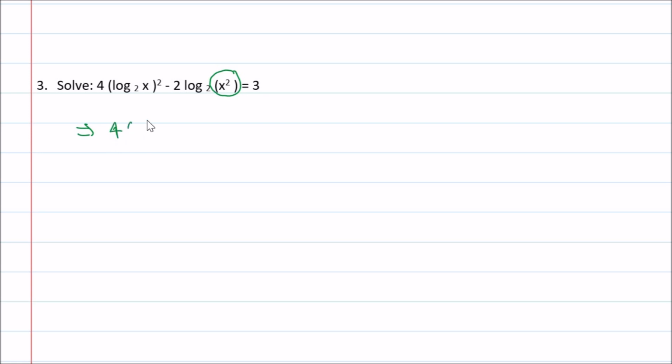4 log 2 base x square minus, now if we power this 2 goes here, 2 to the 4, we get log 2 log x base 2, okay, and that is equal to 3.